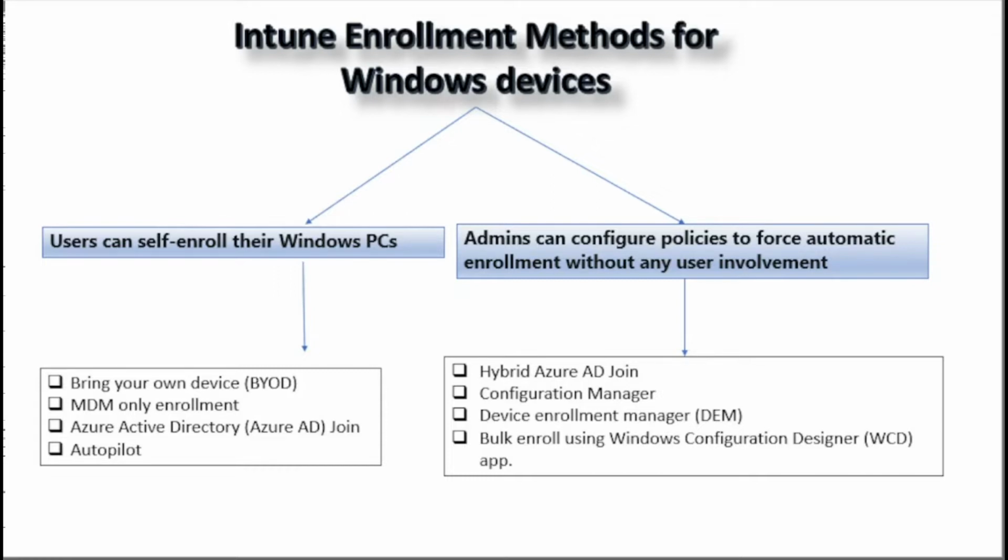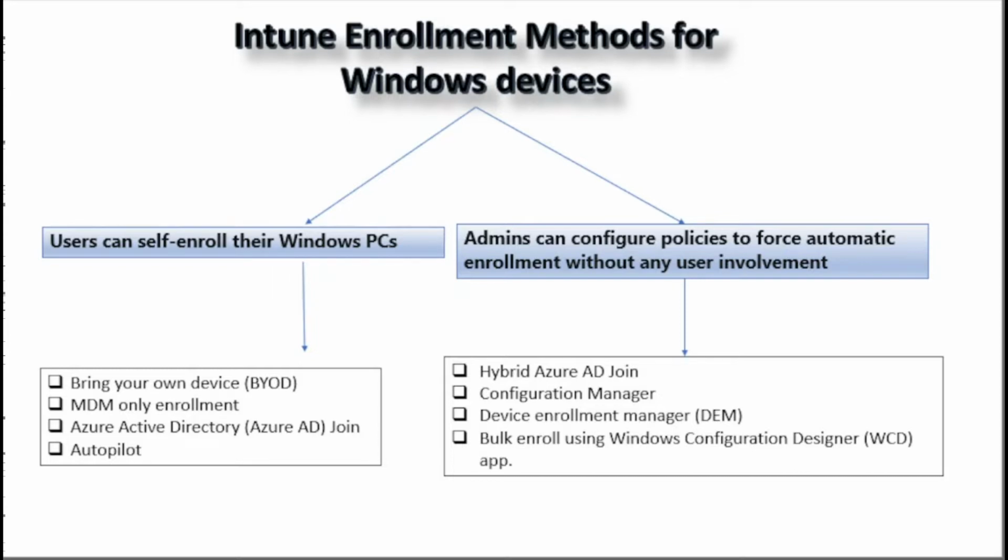They can use the BYOD concept, where they can bring their own devices, register them in Azure AD, and enroll in Intune. They can perform an MDM enrollment method, where the machine is going to enroll only in MDM services.